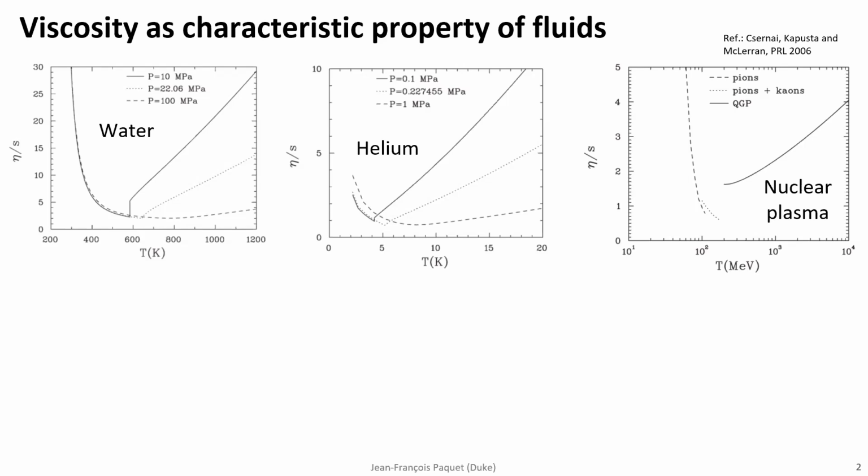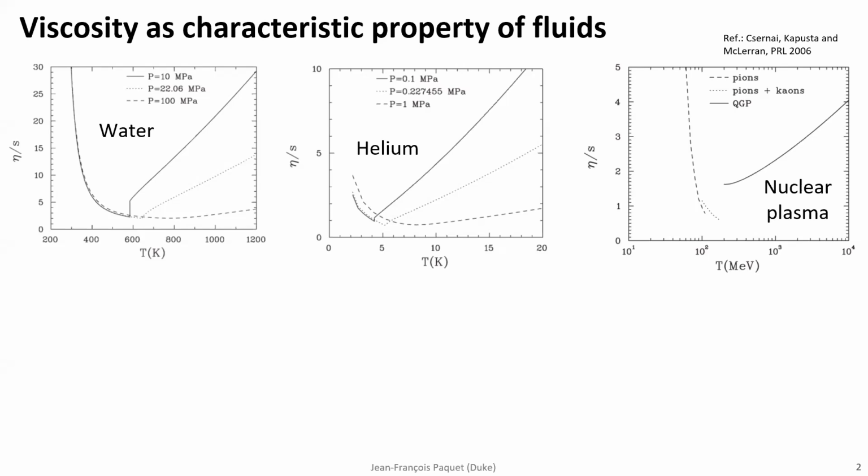And in all these different cases, your viscosity is a reflection of the underlying interaction between your microscopic degrees of freedom. So for water, your viscosity will be a reflection of the electromagnetic interactions between the H2O molecules. Same for helium. And in a nuclear plasma, your viscosity will be a reflection of the interactions between pions, for example, or between quarks and gluons.